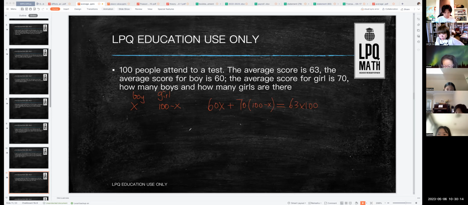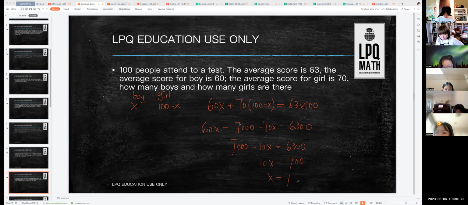Correct? Okay, so we can just expand it: 60X plus 7,000 minus 70X equals 6,300. So 7,000 minus 10X equals 6,300. So 10X equals what? 700. 7,000 minus 700 equals 6,300.